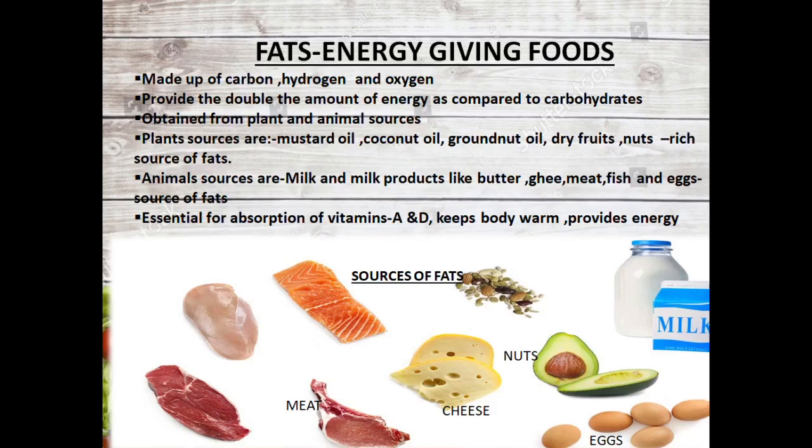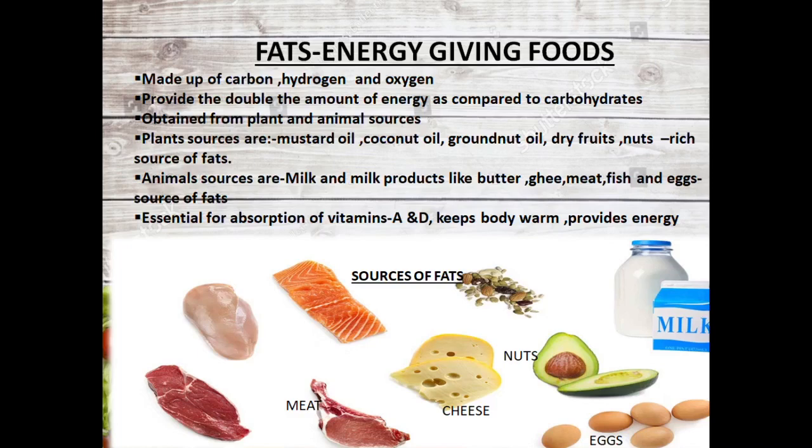So when you intake 1 gram of carbohydrate, that provides 4 calories to you, but when you take 1 gram of fat, that provides 9 calories to you. So the amount of energy is double in fats, but digestion of carbohydrate is very simple and faster as compared to fats.